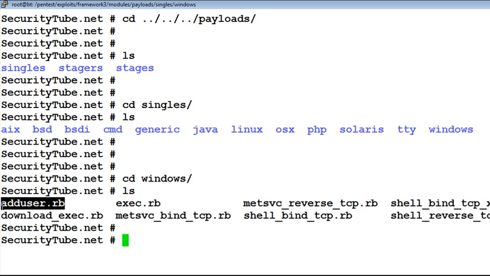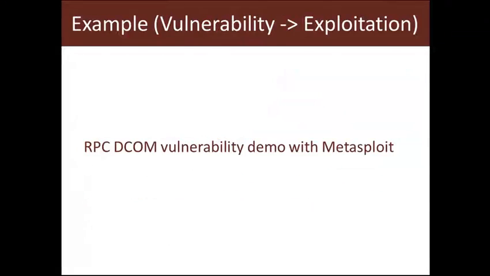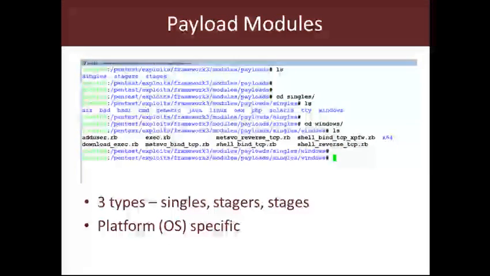So as an example, the adduser payload actually creates a remote user which by default has the username Metasploit and password Metasploit, a demo of which we had seen in the previous video in part 1, right? Going back to the presentation, we will look at what singles, stagers and stages actually mean in a bit.